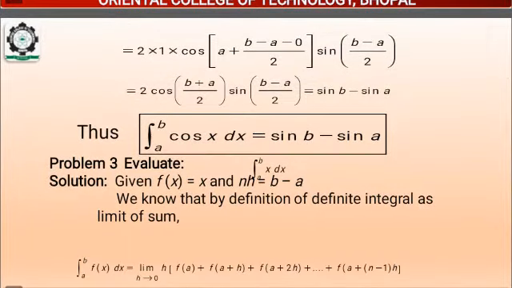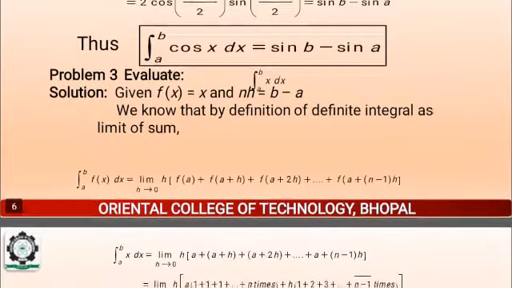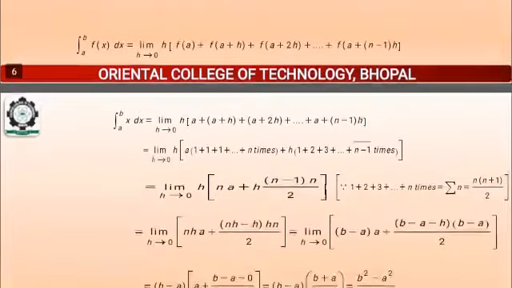Next problem. Evaluate the integral from a to b of x dx given f(x) equal to x and nh equal to b minus a. This is the formula. I repeat it. Now come to the integral from a to b of x dx equal to limit h tends to 0 of h[a plus (a plus h) plus (a plus 2h) and so on up to a plus (n minus 1)h].